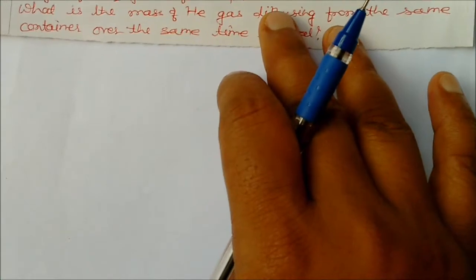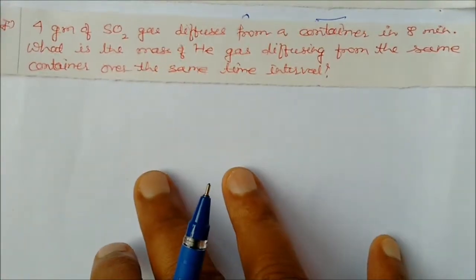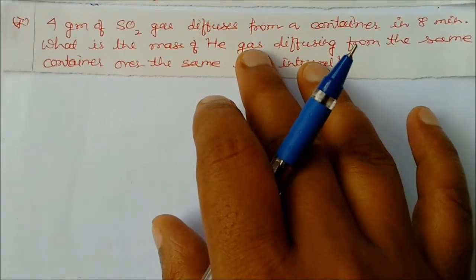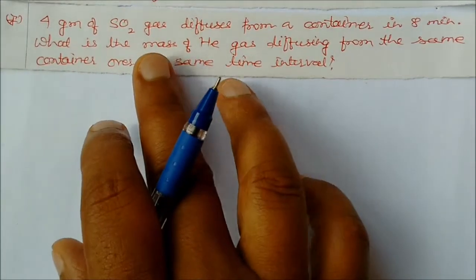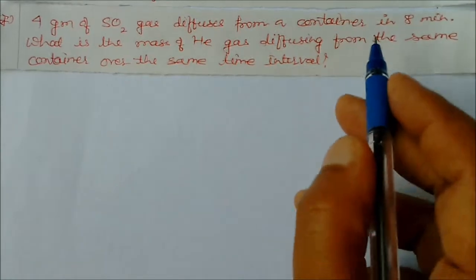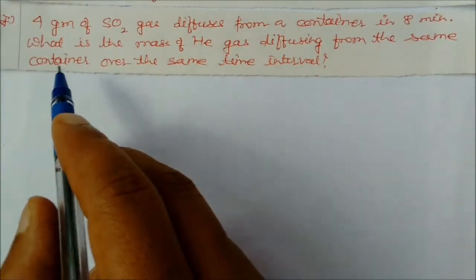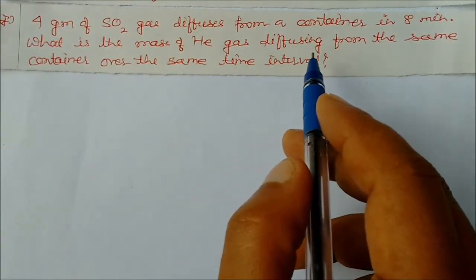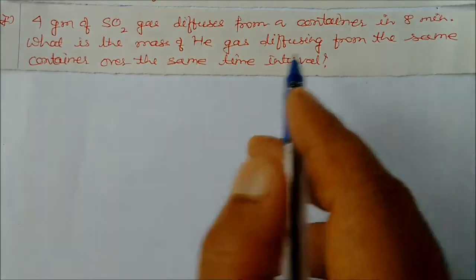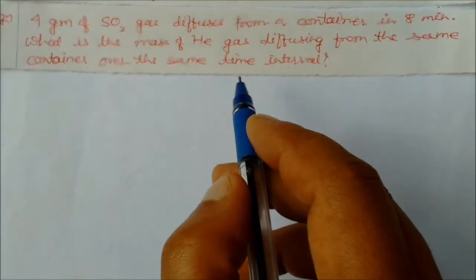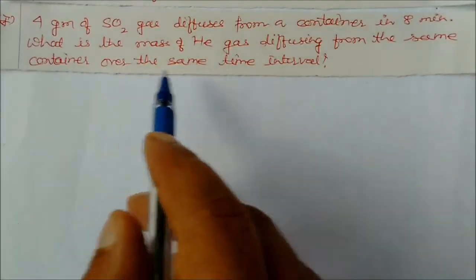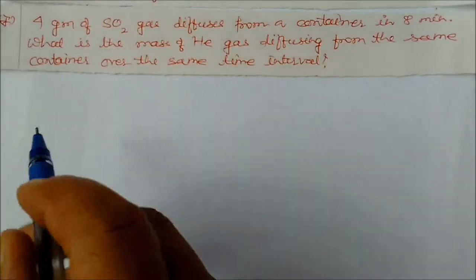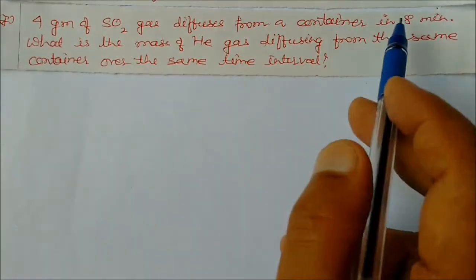Now the next one. 4 grams of sulfur dioxide diffused through a container in 8 minutes. What is the mass of helium gas diffusing from the same container over the same time interval? The container is the same, and the time they have given is the same, 8 minutes.